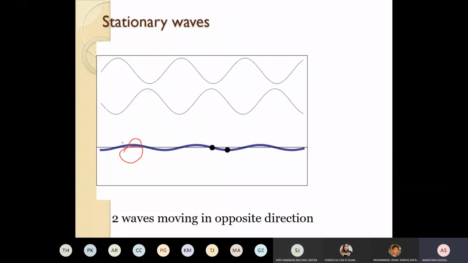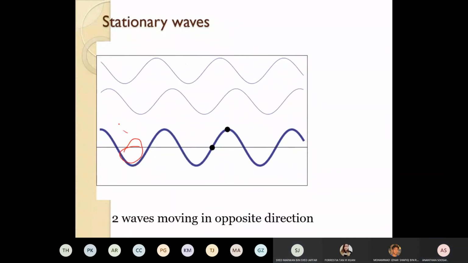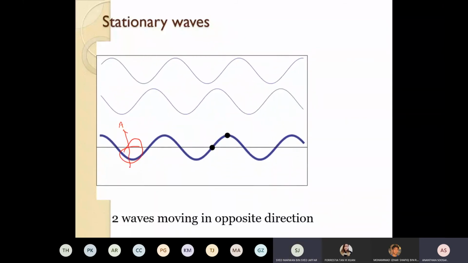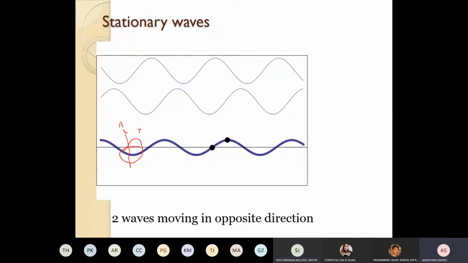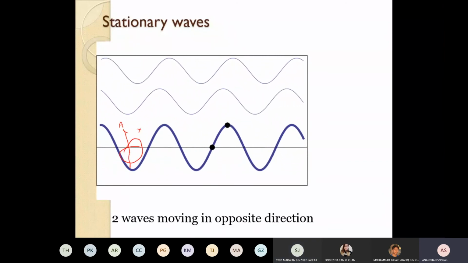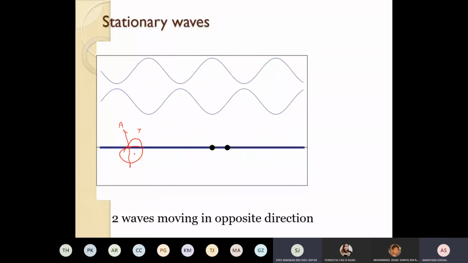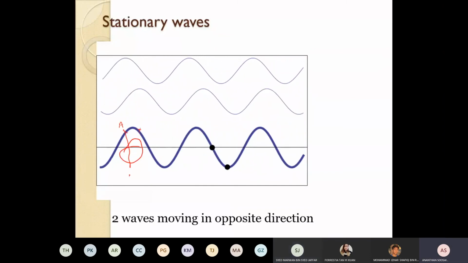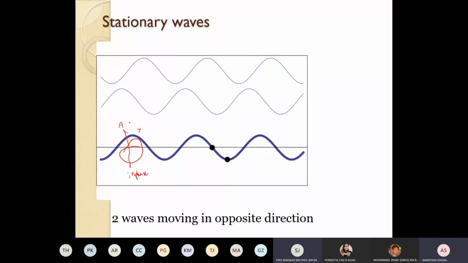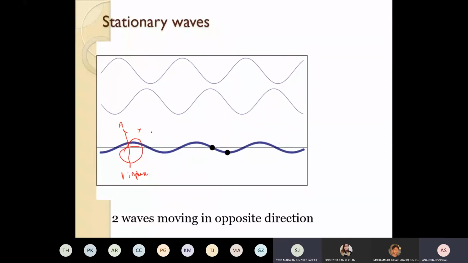In the first loop, you see particle A here, moving from here to here. Particle B is here. You see all the particles in the first loop. When they move up, all of them move up. When they come down, all of them come down. So in the first loop, all the particles are in phase. Tell me what is the phase difference between the first loop and the second loop.